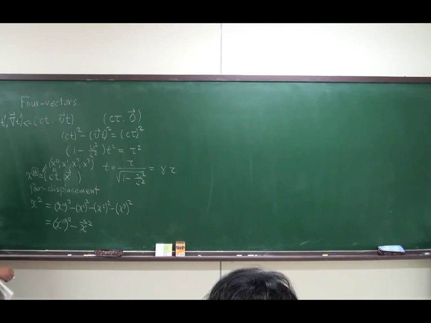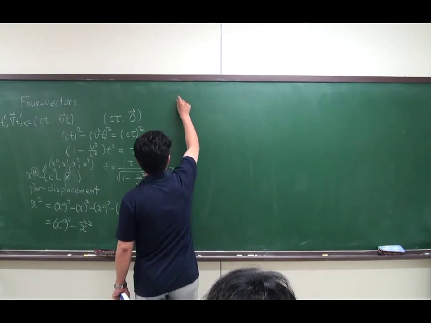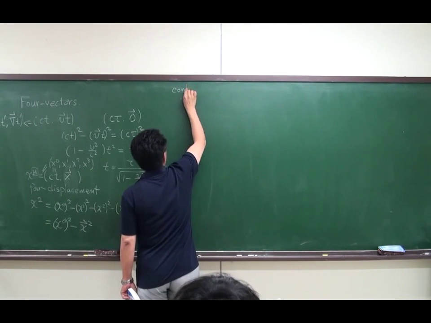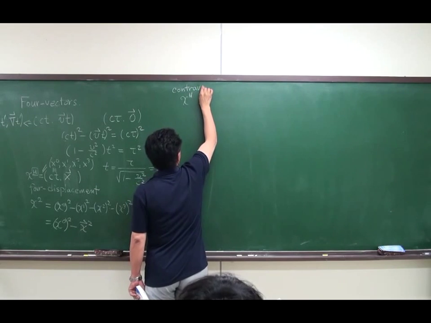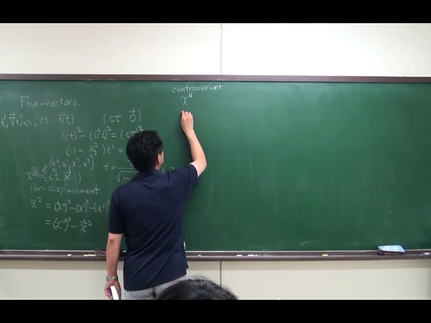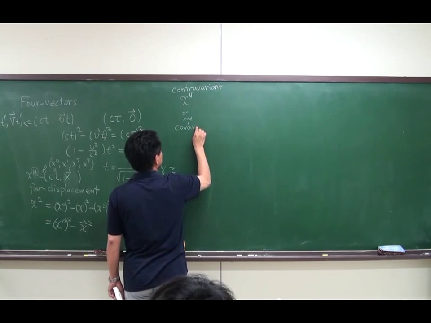Now we define 2 ways of writing 4 vectors. This is called the contravariant form, and this guy is called the covariant form.